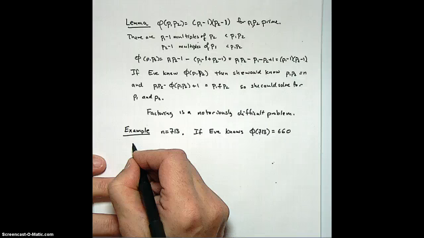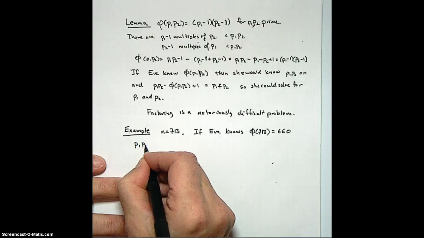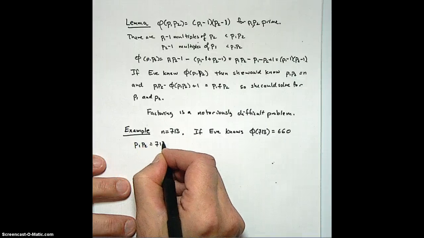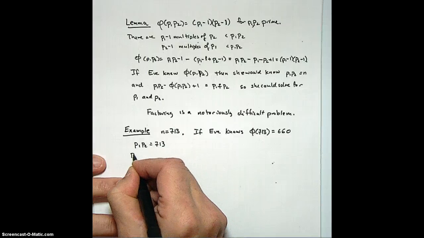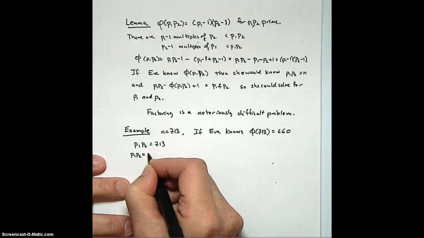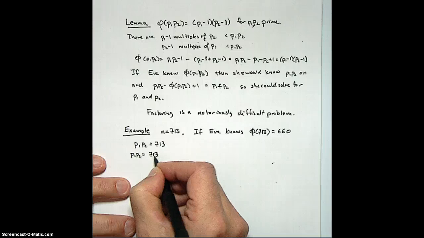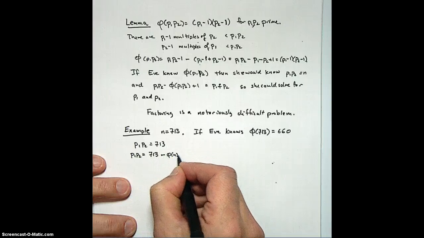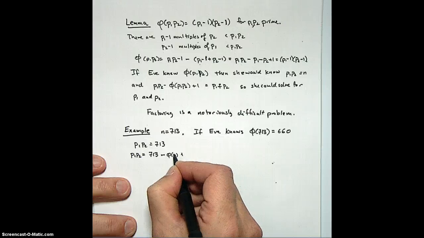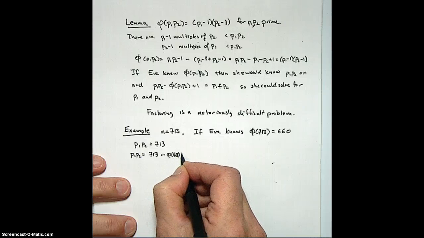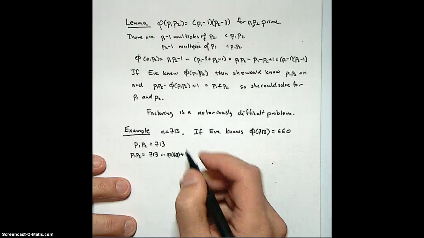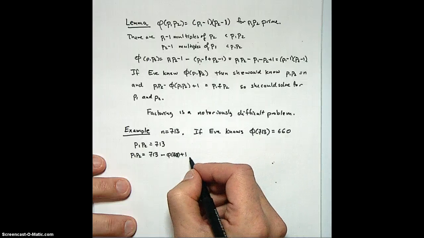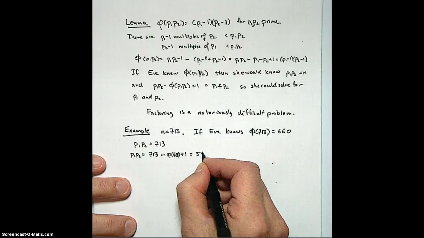So then Eve knows these two things: p1 p2 is 713, and p1 plus p2 is n minus phi of n plus 1, and phi of 713 is 660, so that's equal to 54.